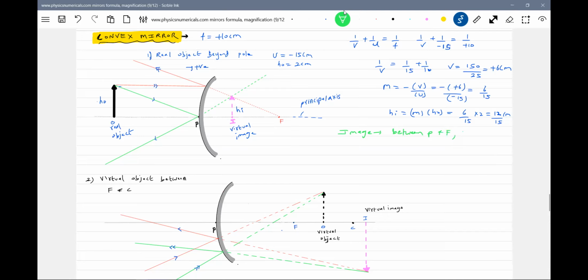Between pole and focus. Virtual, erect, and diminished.